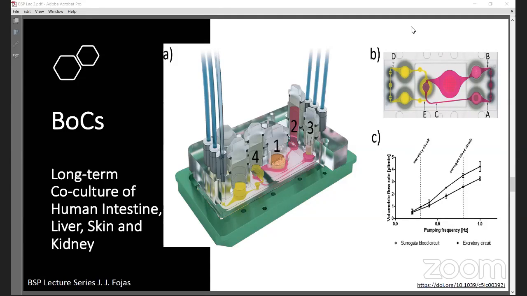And then they incorporated a 3D-based spheroid equivalent to your 10 liver lobules, which mimics your liver function. And finally, they have a barrier segregating the media flow through the organs from fluid excreted by the kidney, a membrane covered by a monolayer of your human proximal tubule epithelial cells.